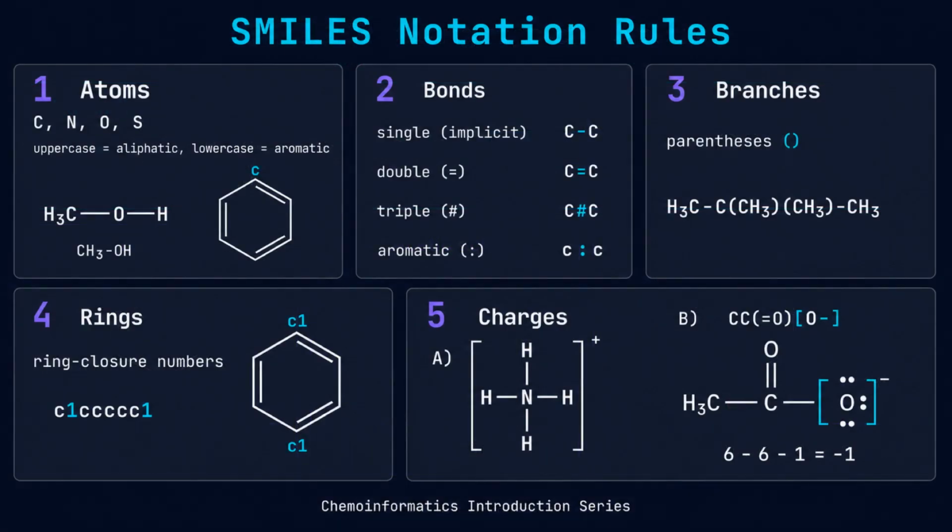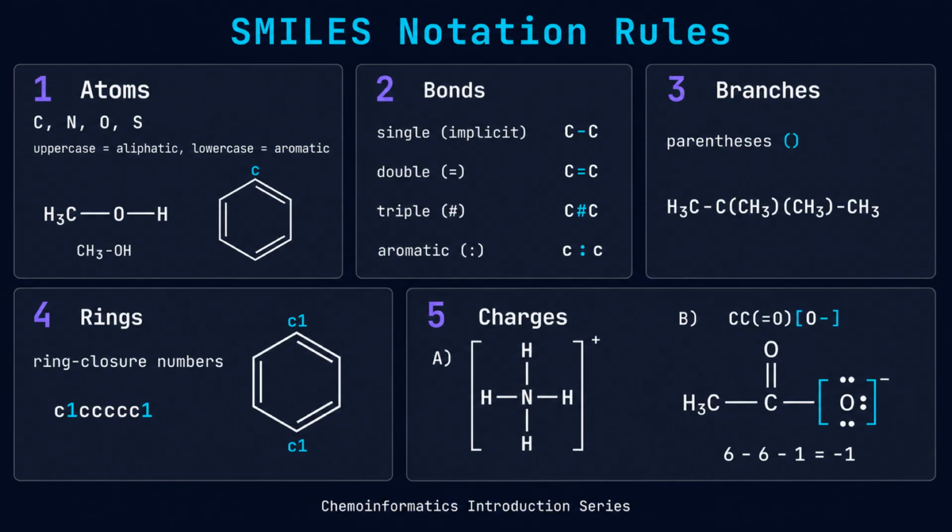Let's break down the SMILES rules. Atoms are written as their element symbols: C for carbon, N for nitrogen, O for oxygen. Uppercase letters mean aliphatic atoms, while lowercase means aromatic. Bonds are mostly implicit for single bonds, but we use the equals sign for double bonds and hash for triple bonds.